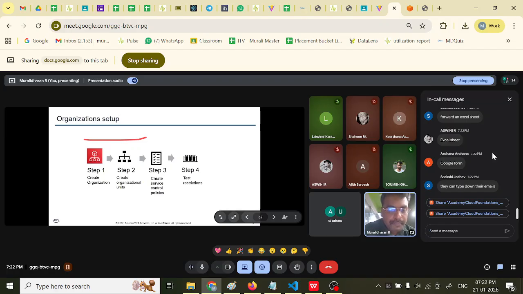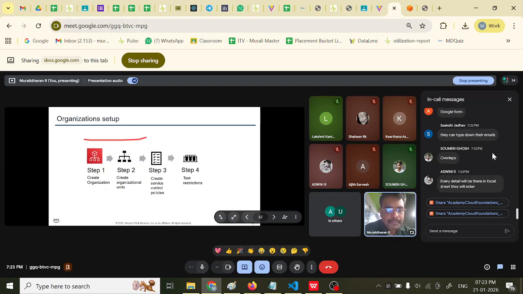Okay, fine, good. Do you think everyone is a really good person? They will write only their own email ID. Yes, overlaps will happen. Every detail will be there in the Excel sheet. They will enter.